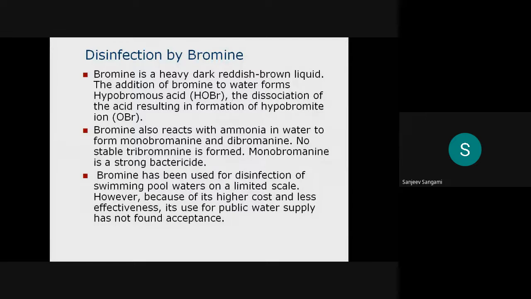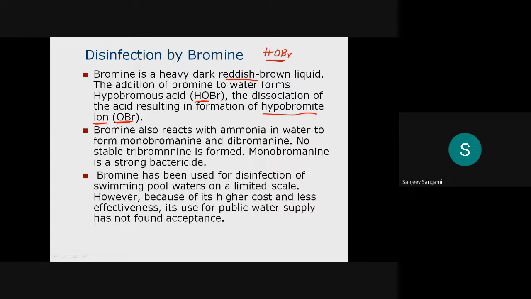Then disinfection by bromine. So bromine is a heavy, dark reddish brown liquid. The addition of bromine to water forms hypobromous acid, so HOBr. Okay, it is nothing but HOBr. The dissociation of the acid results in the formation of the hypobromite ion.